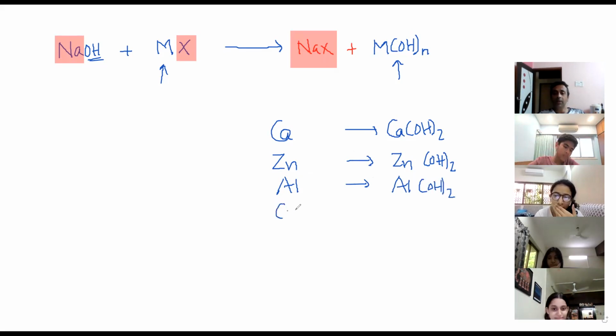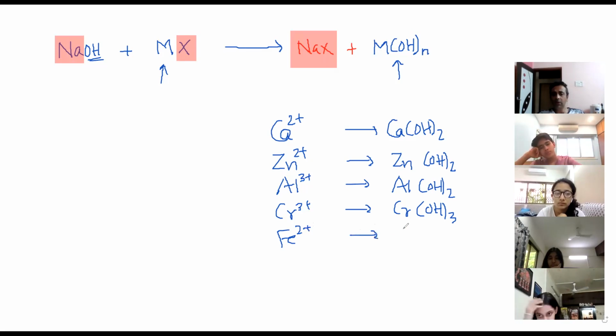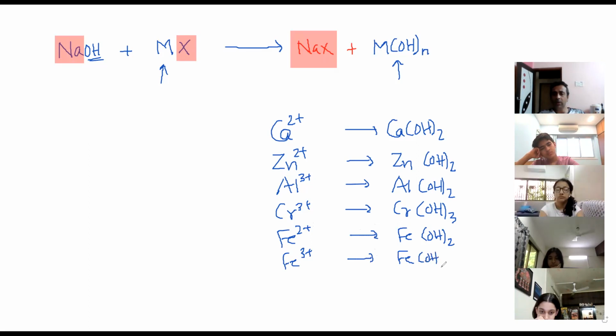If it's chromium, then chromium hydroxide, Cr(OH) thrice. Iron 2 plus. So here we need to know the charges. Calcium is 2 plus, zinc is 2 plus, aluminium is 3 plus, Cr 3 plus, Fe can be 2 plus or 3 plus. So I will get Fe(OH) twice; Fe3 plus, I will get Fe(OH) thrice; Cu2 plus, I will get Cu(OH) twice.